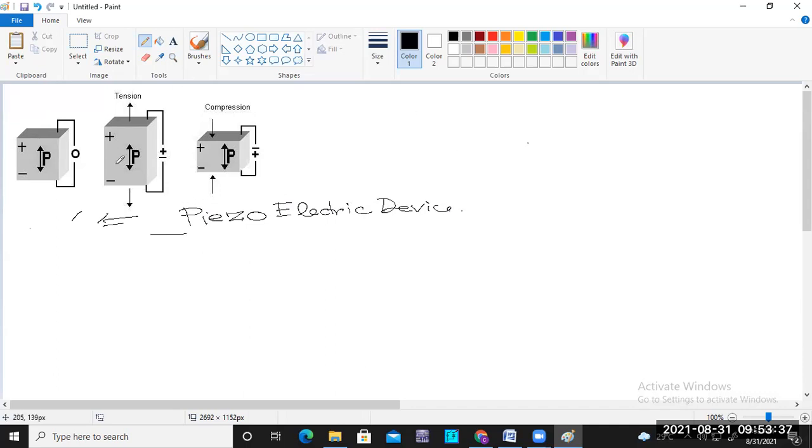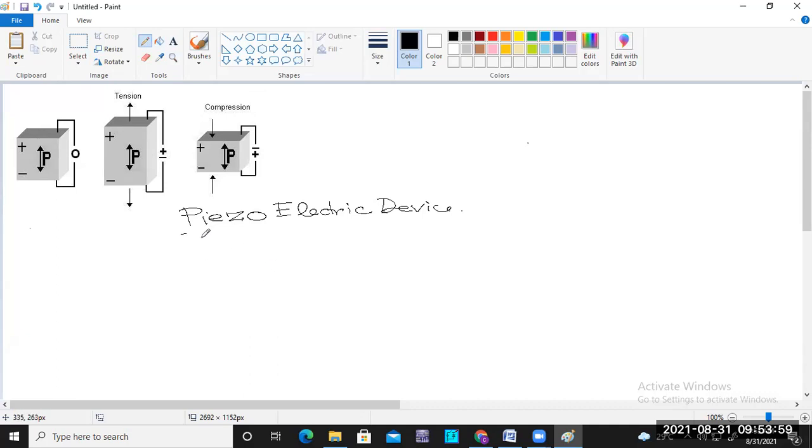Guys, you can see this is the crystal, and this crystal is called a piezoelectric device. Actually, if you apply some compression or any tension over it, then the other side will carry some voltage.